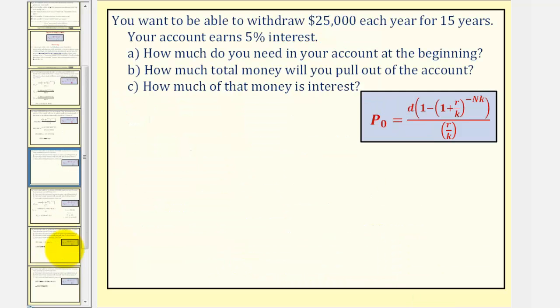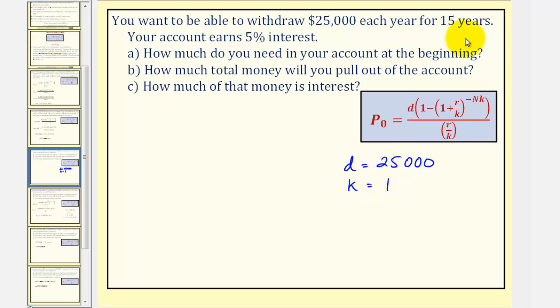So going back to our example, let's identify all of the given information. Well, first you want to withdraw $25,000 each year, which means D would be equal to 25,000, but also tells us K, the number of compounds per year, equals 1, since the withdrawal is made one time each year. So K is equal to 1.